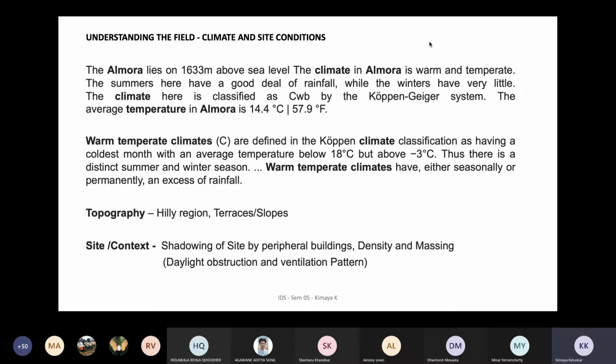There are certain passive design techniques which will only work in particular climate conditions. So your average temperatures, especially day and night time, matter, and as well as the precipitation matters, because it's the relative humidity. The warm temperate climates are defined in the Köppen climate classification as having the coldest month with an average temperature below 18 degrees, but above -3 degrees Celsius.